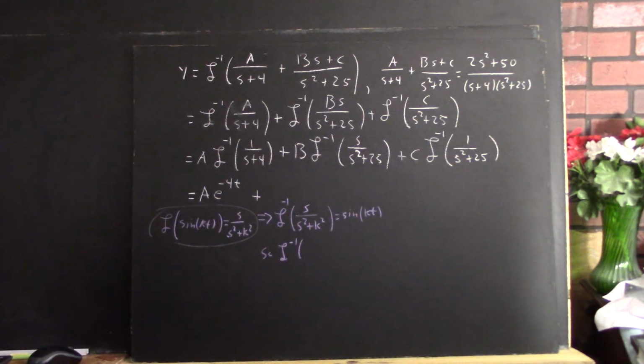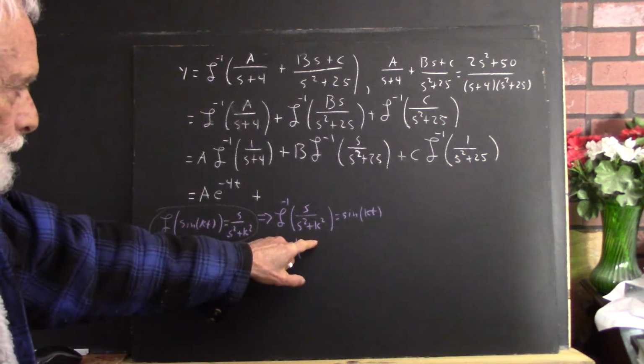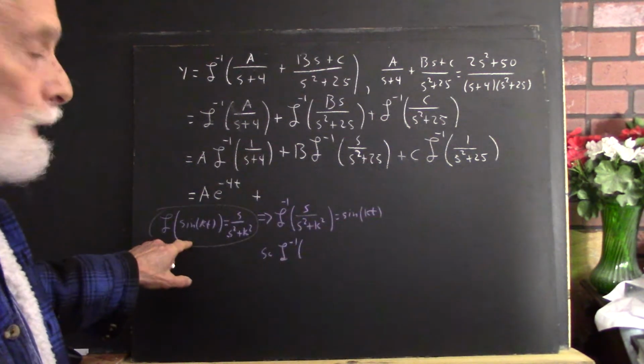So the inverse transform of s over s squared plus k squared is the cosine of kt.